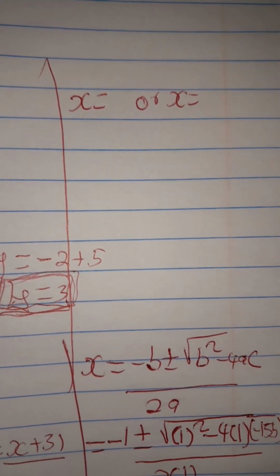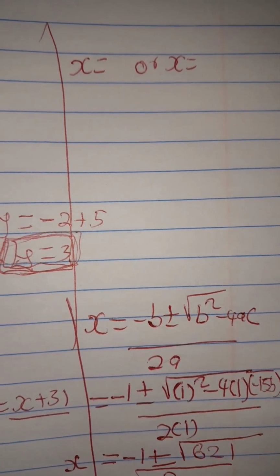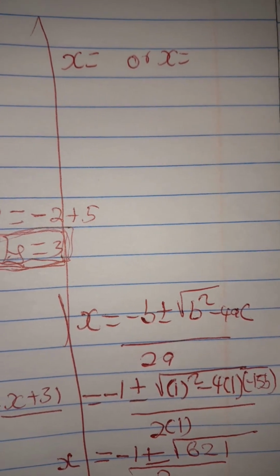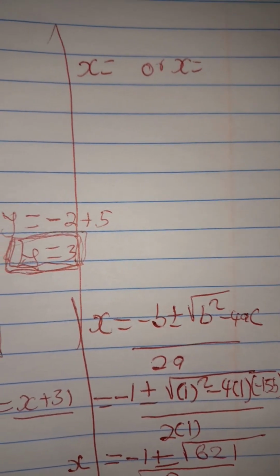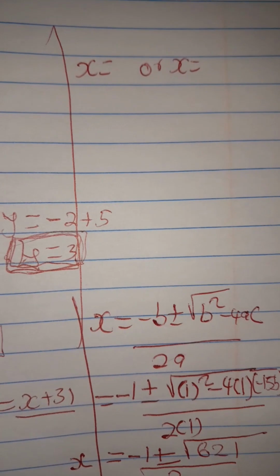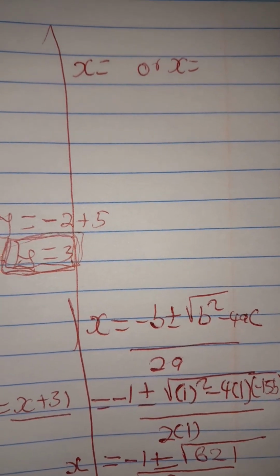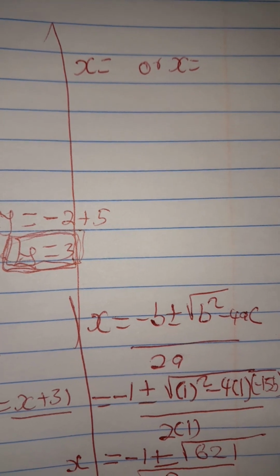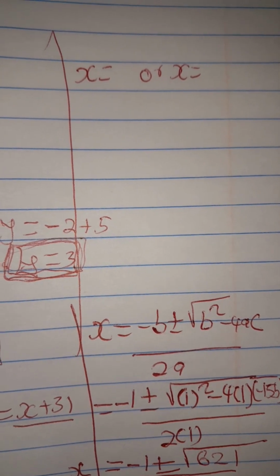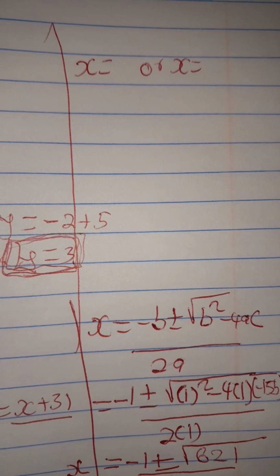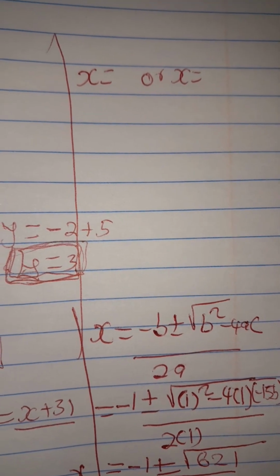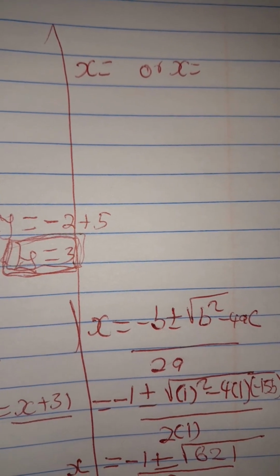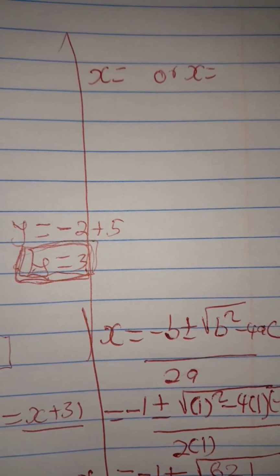So we're calculating for the speed. To make life easier, just say negative 1 plus root 621 divided by 2. Then, okay, we have 12 point something there.